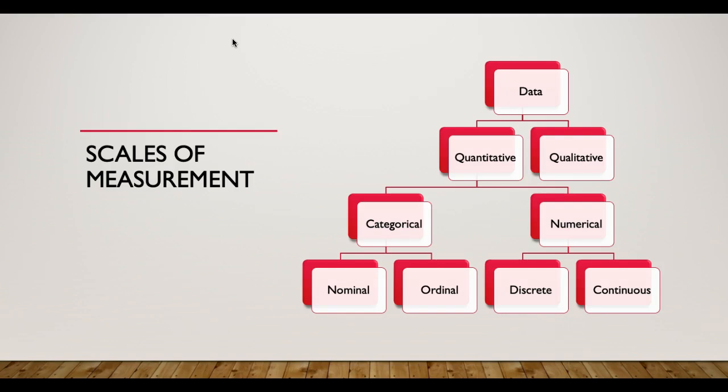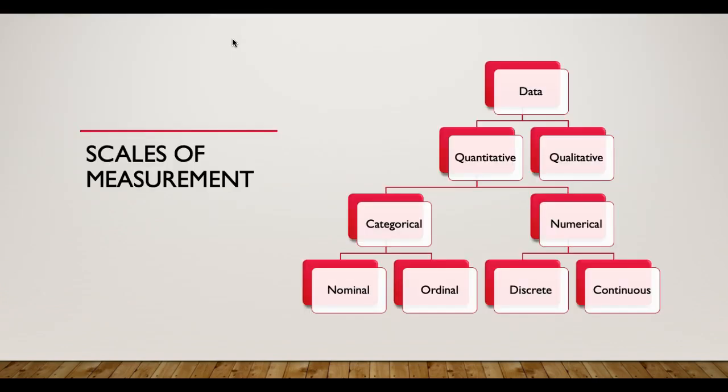Categorical is usually described by words, and numerical is obviously described by numbers. Different types of categories are nominal and ordinal, and we'll talk about that in a second. And then there are 2 different types of numerical categories, discrete and continuous: numbers that can be measured and numbers that can be counted.